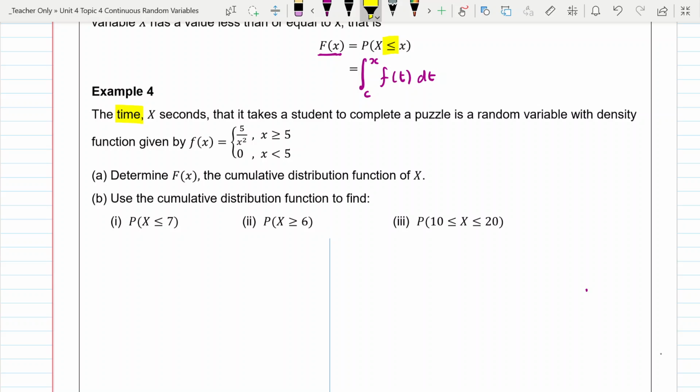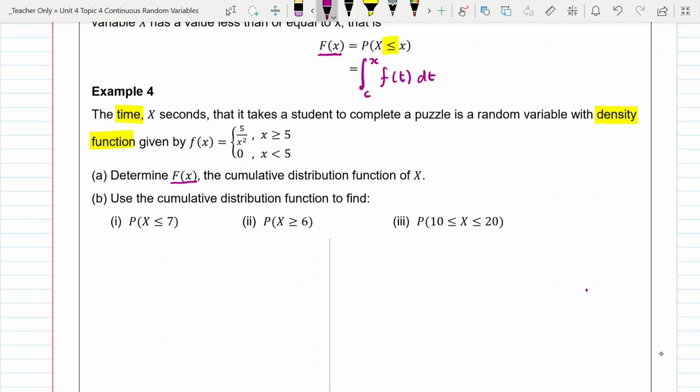And they're also saying to you that it has a density function, given by f of x is equal to 5 over x squared for x greater than or equal to 5, and it's equal to 0 for x less than 5. Okay, and they want us to determine capital F of x, the cumulative distribution function of x.